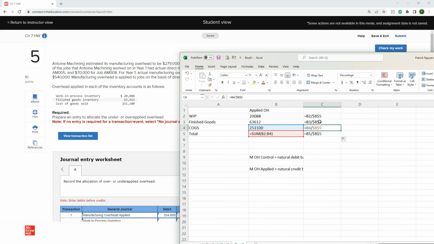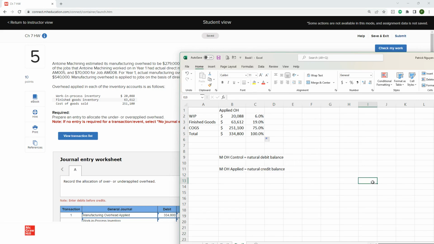Now, if there is no hard reference, then Excel uses its AI, so to speak, to figure out and adjust the other cell references, but it will not adjust the cell reference if there is a hard reference in there with these $ signs. All right, so we see that 6% of the overhead went to work in process, 19% went to finished goods, and 75% went to cost of goods sold.